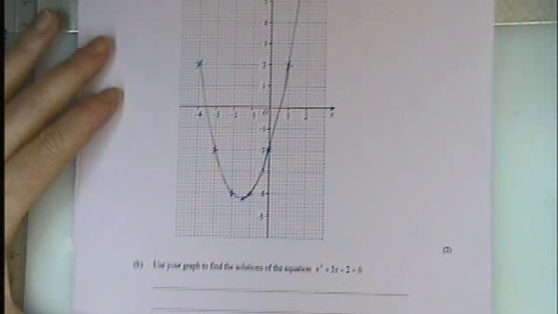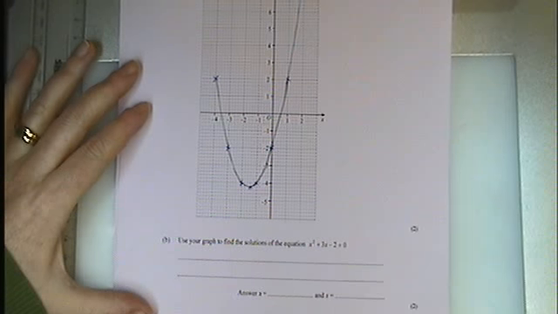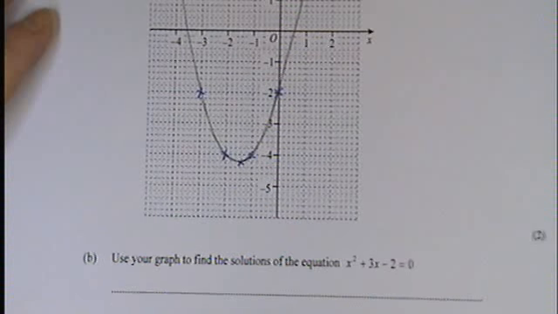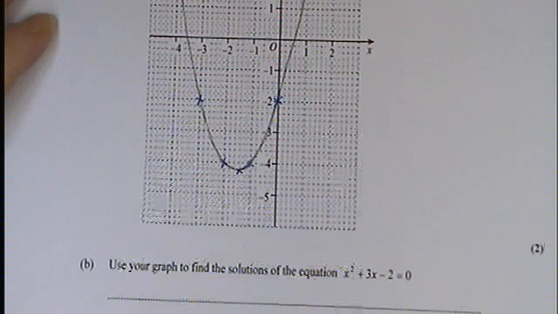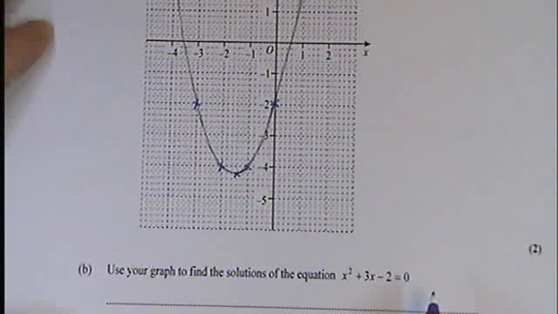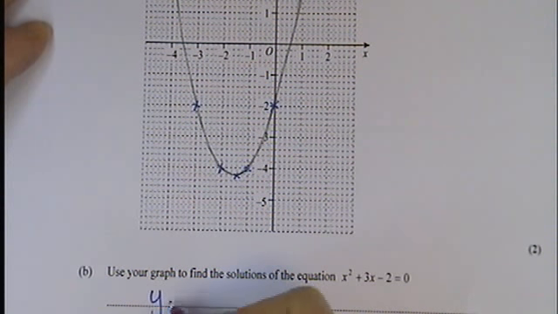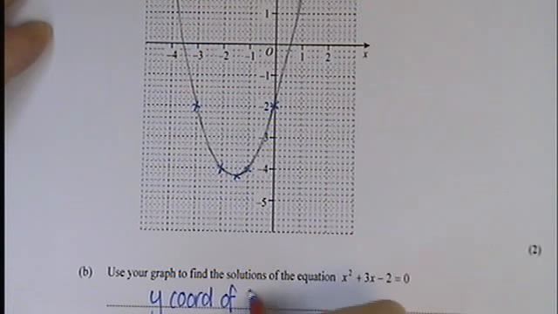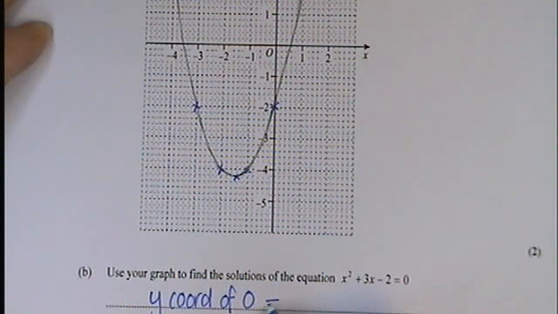So part B we've got in the question now. It says use the graph to find the solutions of where the curve, this is the one we've already drawn, the table above, equals 0. So that is asking for where does it have a y coordinate of 0, which in other words is where it crosses the x-axis.